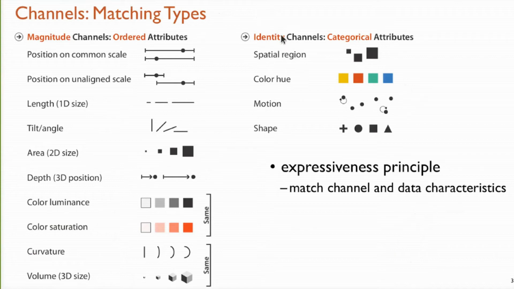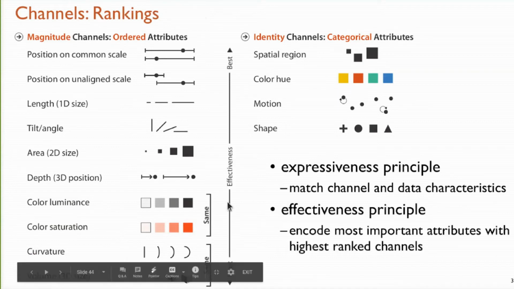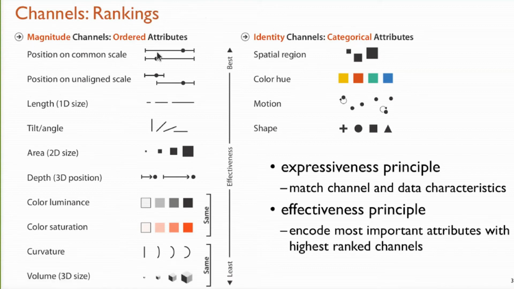But then you've got on the right the identity channels that work well with categorical attributes, including hue. And the ones that are most effective are at the top. So position reigns supreme. Position is the most powerful. And as you go down this list, it gets less and less effective at presenting the data.